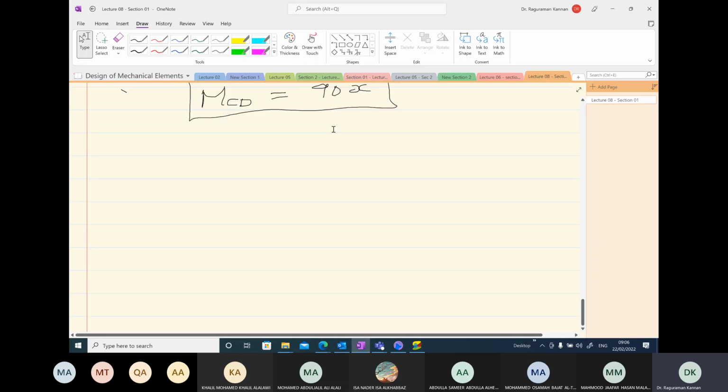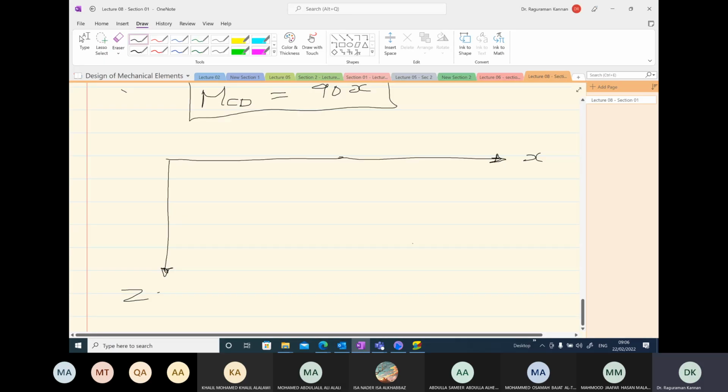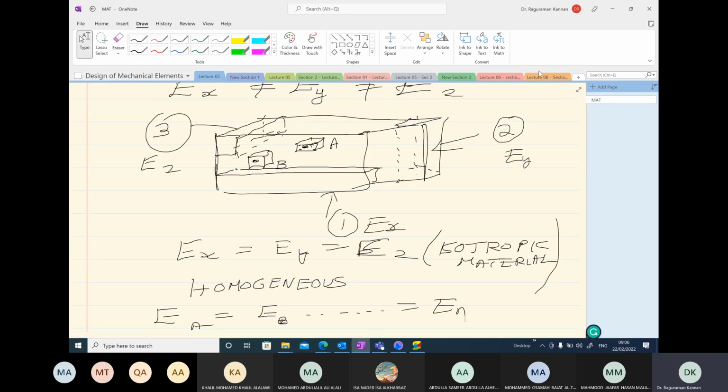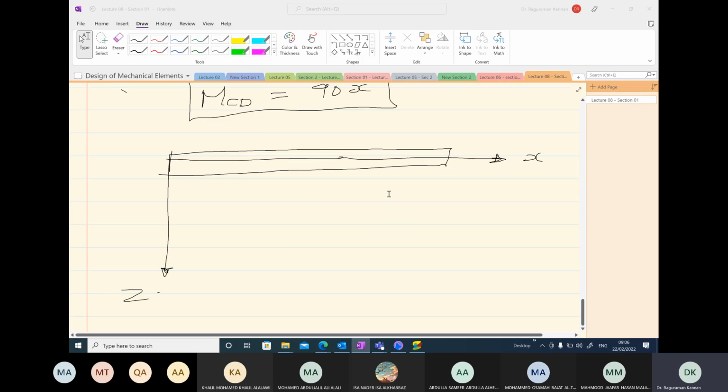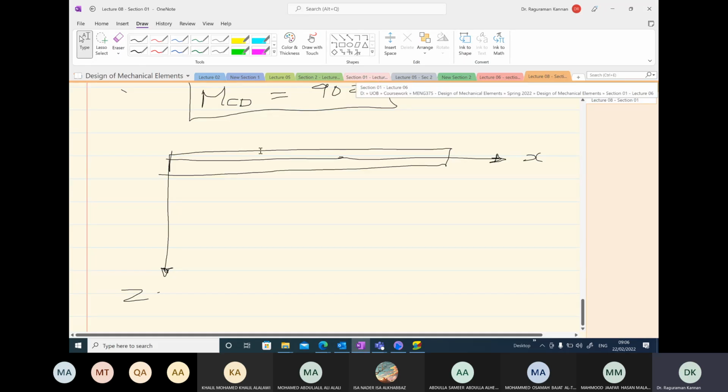So let me draw the axes first by looking at it from the top. X and Z axis. Looking from the top, this is what I'm going to see. Draw the beam. We have A, B, C, and D, and 10, 10, 10 inches, so we equally divide.